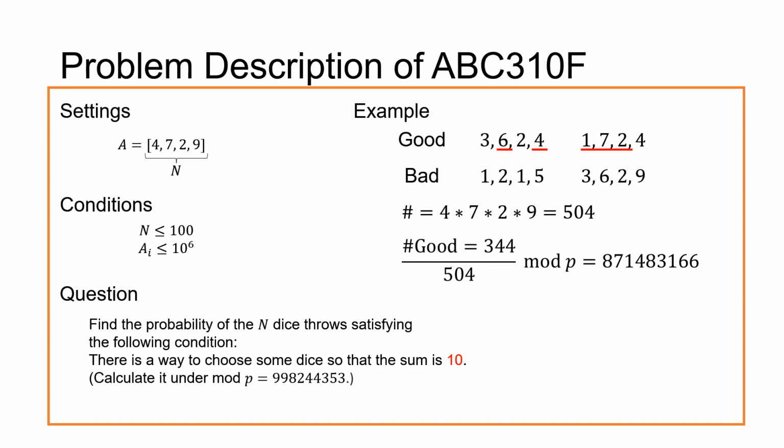On the other hand, 1, 2, 1, 5 doesn't satisfy the condition because we can't get 10 no matter how we choose some dice among them. The total number of cases of 4 dice throws is 504, so the answer for the example is as follows.